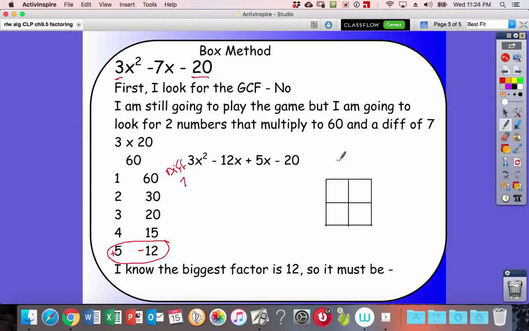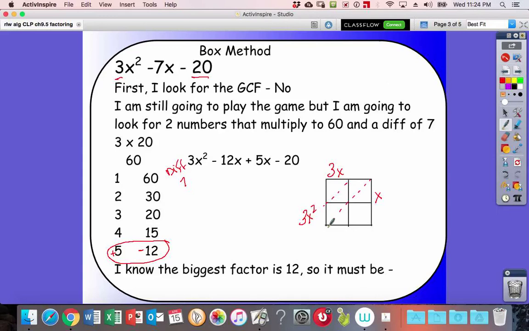Now here's where the little box comes in. The little box, if you remember, is we multiply to get into the box, and then we combine like terms to get out of the box. So up here, I know I have a 3x, and I know I have an x because it's prime. On this one is a 3x squared.